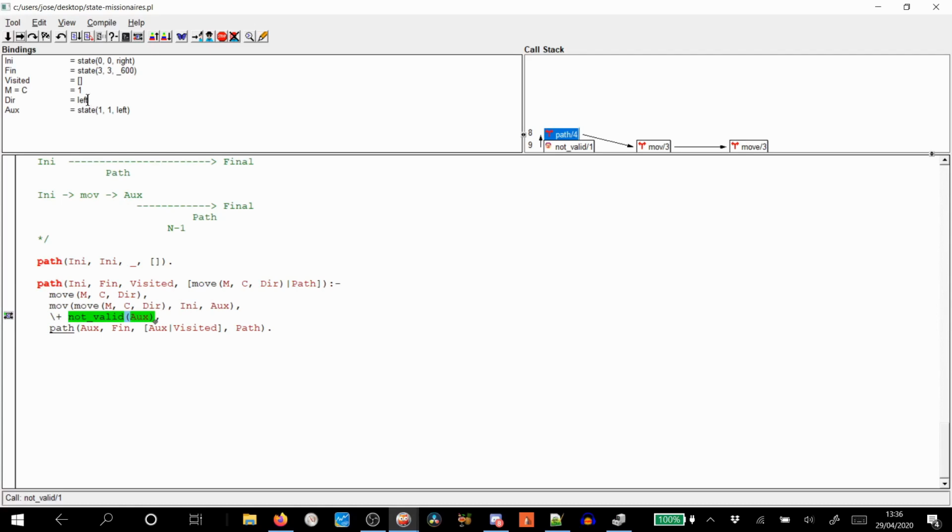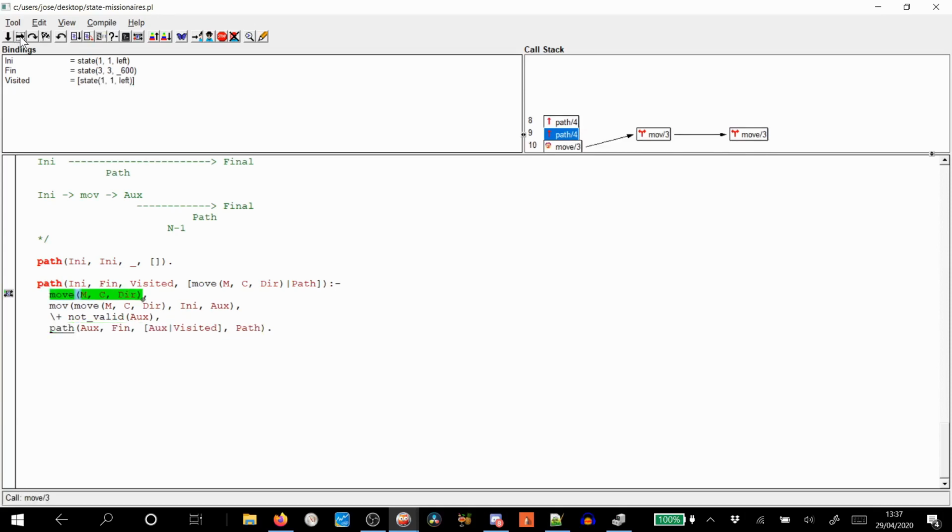It's not valid. The aux is a valid state. Next, it's true. Not valid is false. So that is a valid state. That is true. And now let's find a new path from the aux state from 1 to the left.